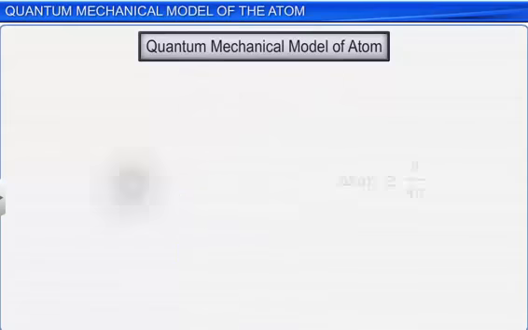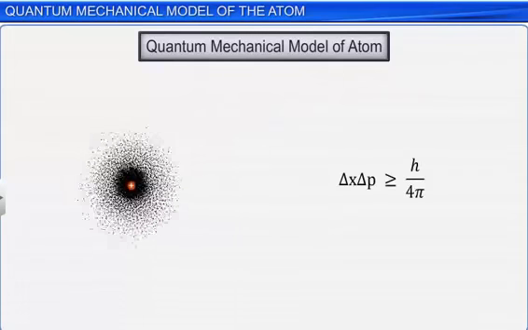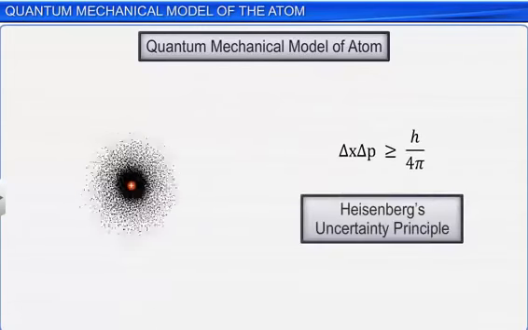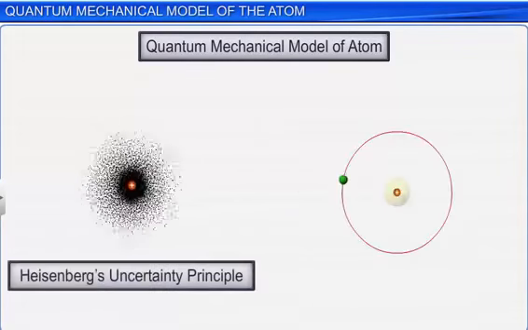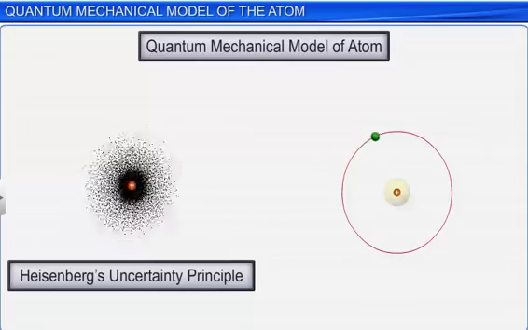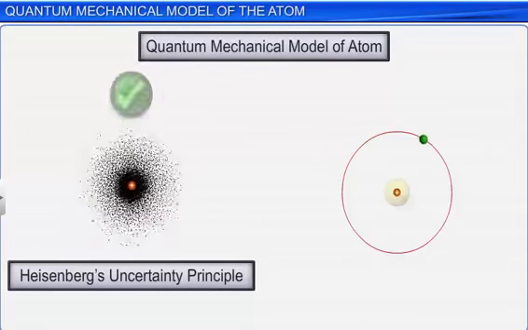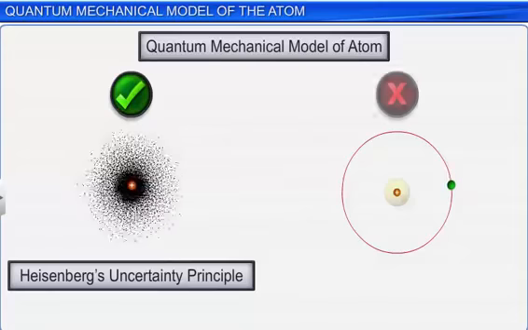The quantum mechanical model of atom supports Heisenberg's uncertainty principle and says that one can only determine the probability of finding an electron at different points in the atom, but not its exact path.